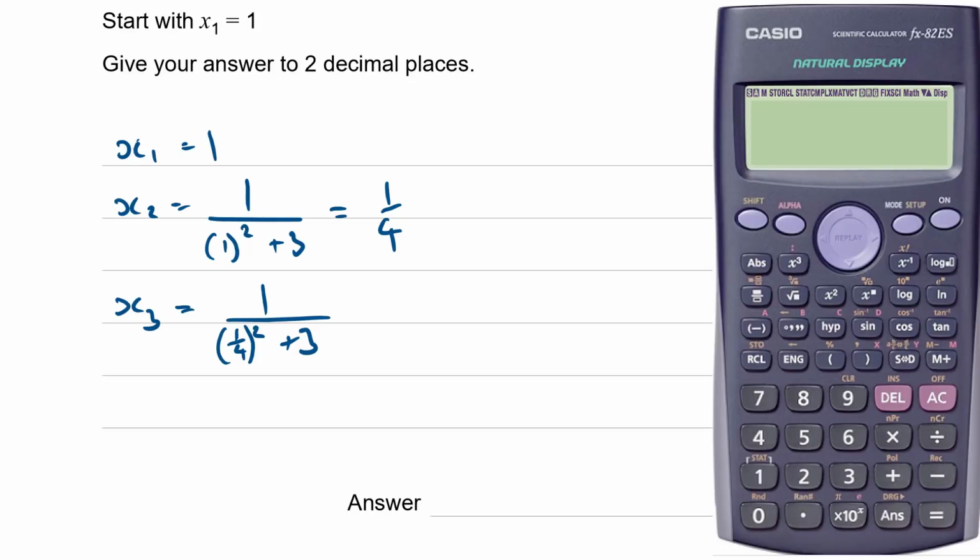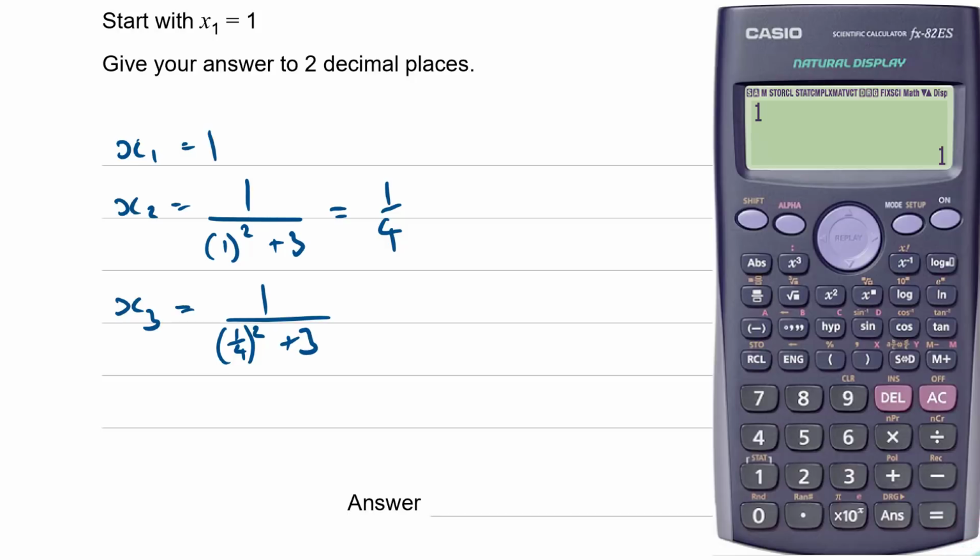Now, rather than typing these all in individually, we're going to use the answer key to refeed the answer straight back into the calculation. So if I just put in the number 1 and press equals, that will store the number 1 as the last calculated value, and I can use it using the answer key.